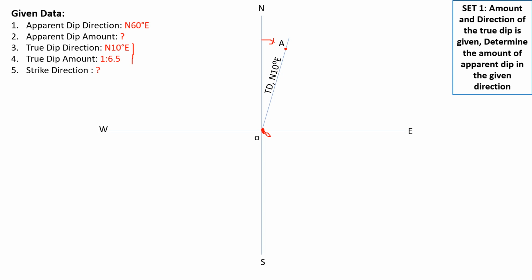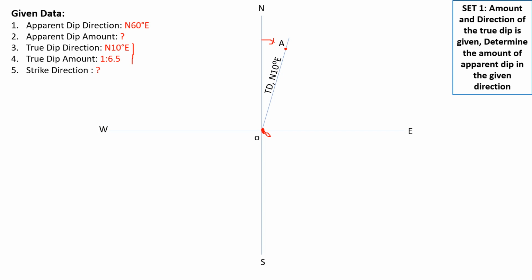The other things are half. We don't have the amount for the apparent dip, and we have only the direction. So let us first complete whatever comes with true dip. I already told in the first slide that the relation between the true dip and a strike line is that they are perpendicular to each other.